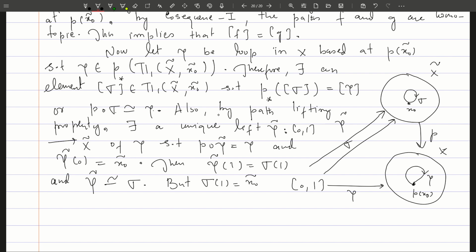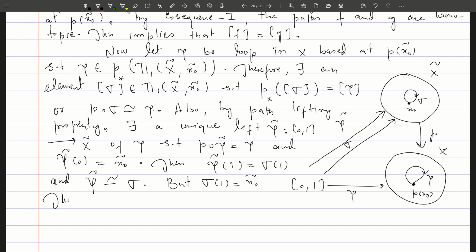So since gamma tilde is homotopic to sigma and sigma is a loop based at x naught tilde, this means gamma tilde is a loop based at x naught tilde.